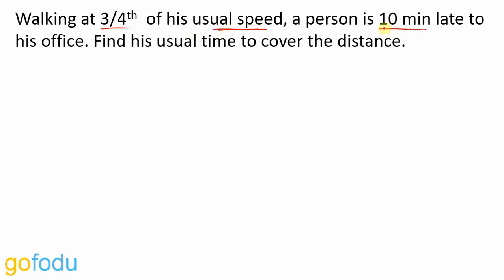The only reason he is taking 10 minutes more is not because distance has increased. This 10 minutes more that he is taking is because his speed has decreased. So we have distance as constant here. That means speed will be inversely proportional to time. We have in the question new speed as 3/4 times old speed, right?